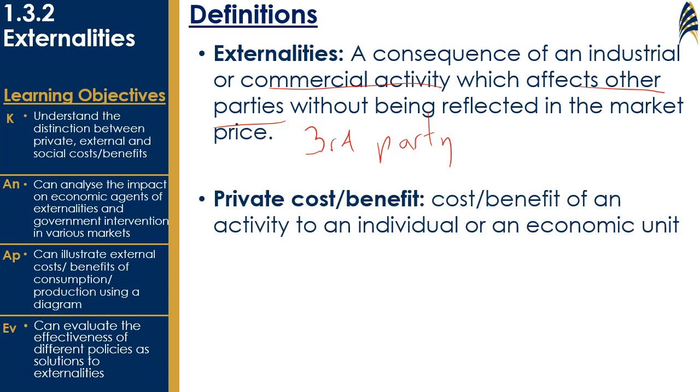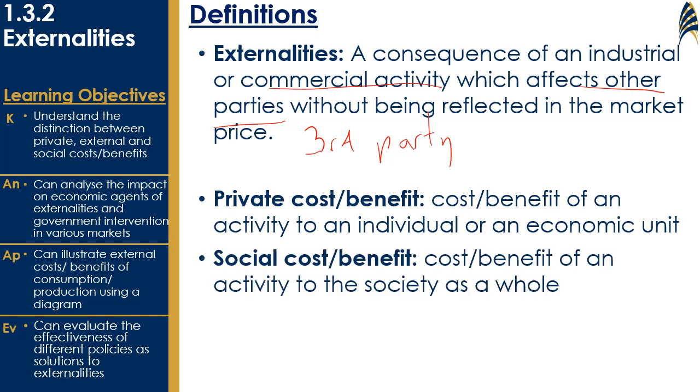And here we go. Private cost and benefit is the cost or benefit of an activity to an individual or an economic unit. For the firm, that'll be making the car. Might be a cost like metal for making the car or rubber for the tires. Benefit, you buy a car, you get a benefit as an individual. And then we have the social cost and benefit of an activity to society as a whole.